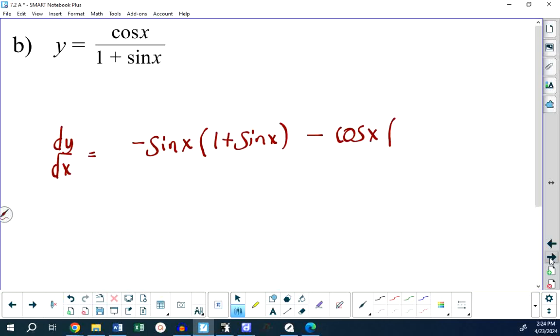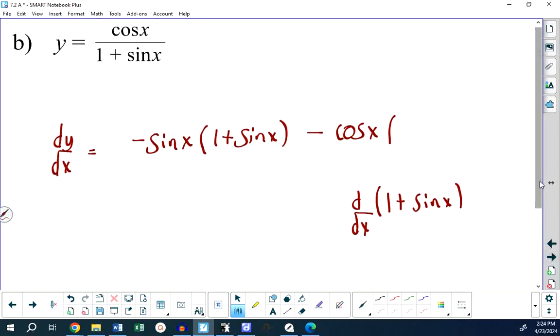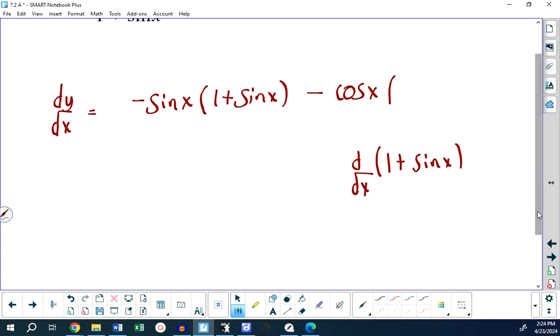And I hate to go back to the basics here and bore you with it, but I'm just going to write it here and then erase this. The derivative of 1 plus sine x, I know you know this. That's the denominator. The sum rule says it's the derivative of 1 plus the derivative of sine of x.